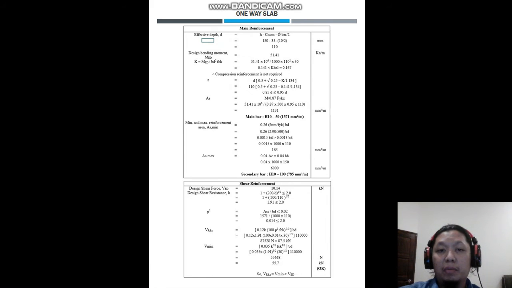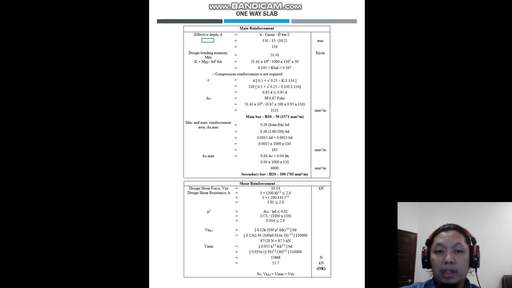For the shear reinforcement, the design shear force, which is VED, is 0.114, and the design shear resistance K, with the help of this formula, after we insert the values in this formula, then we get the K, which is 1.91, lower than 2.0.